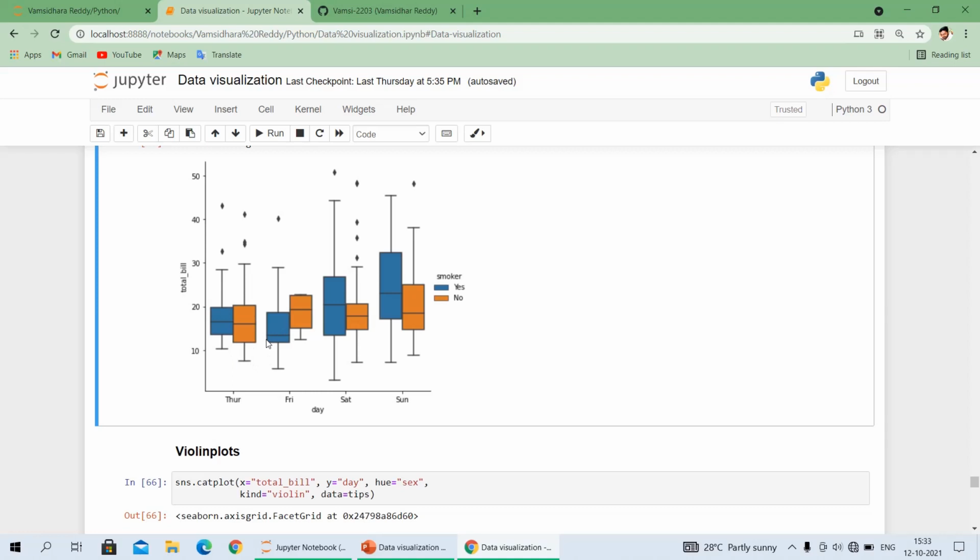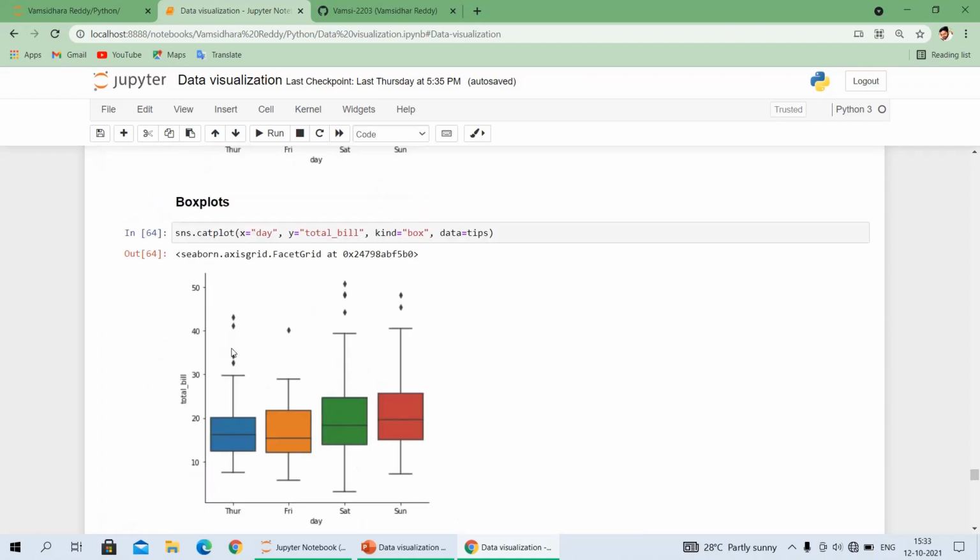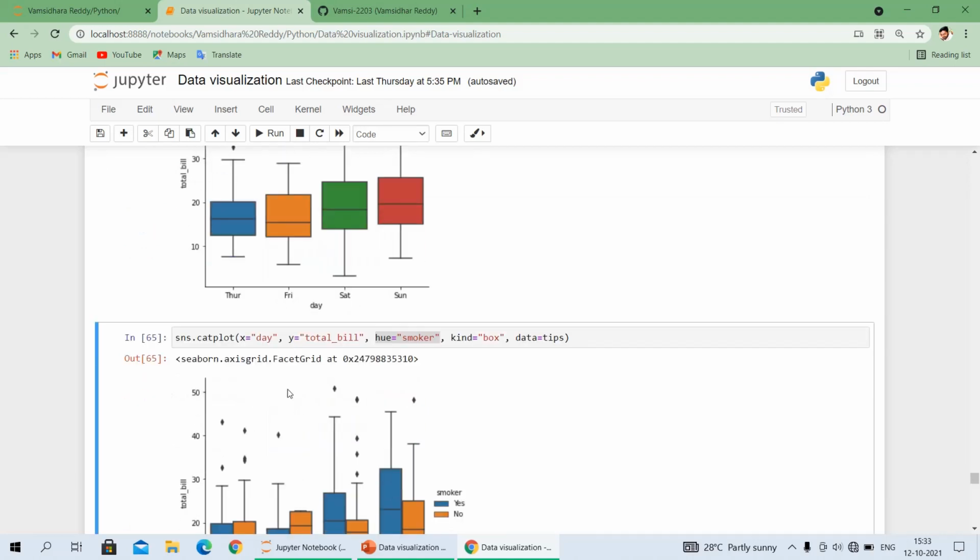I hope you can compare which type of graph is best. In the previous example I had taken only day and total bill, but for this example I have used smoker, to see on which day the smokers are high or low. For comparing like that, I have taken this step.